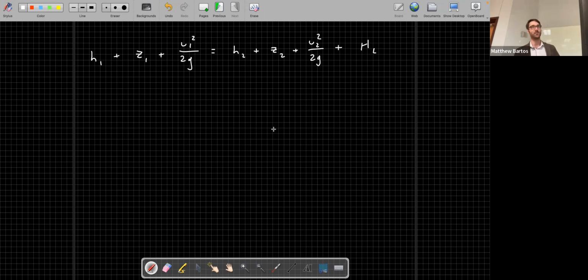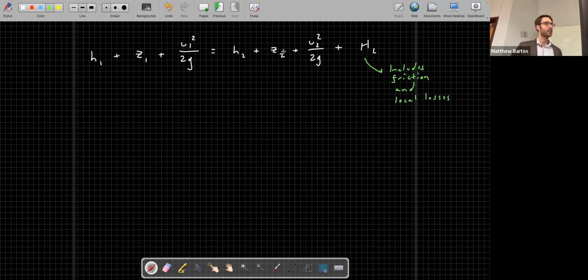Yeah, there's a contraction loss, especially when you're encountering a very sharp contraction. So HL, I'll just write, includes friction and I'll just call them local losses, so contraction in this case.